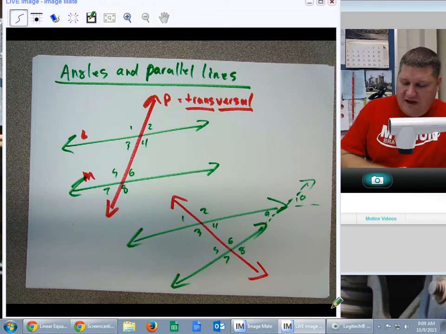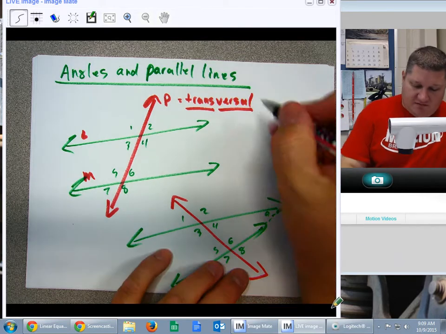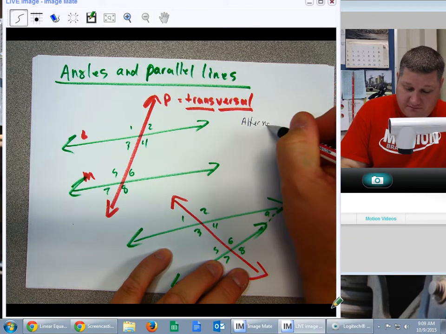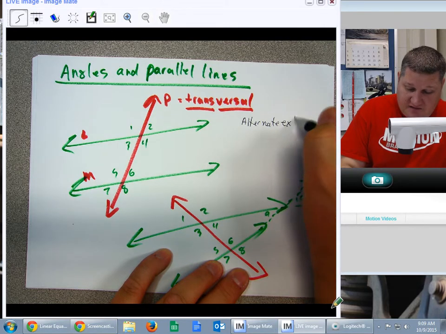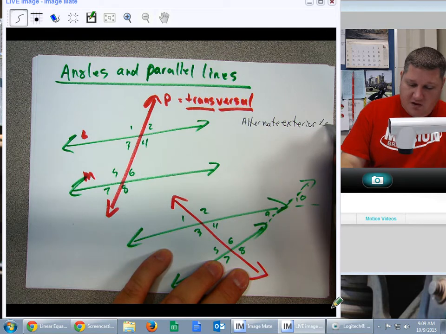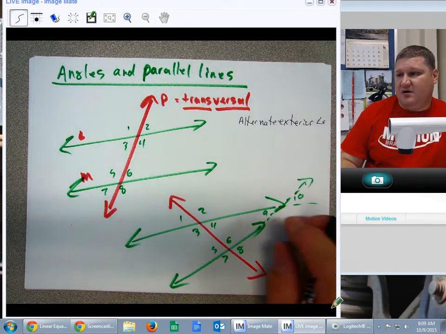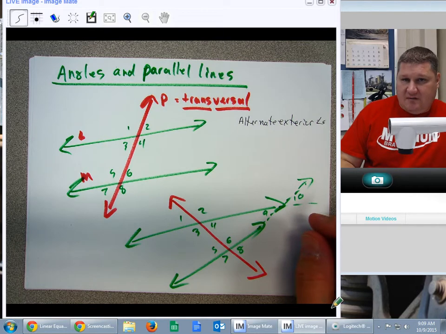Now, we have some different types of angles, and they have different names. And so let's talk about a few of these names. We have alternate exterior angles. Now, ladies and gentlemen, math people are not creative. So let's talk about the various names.